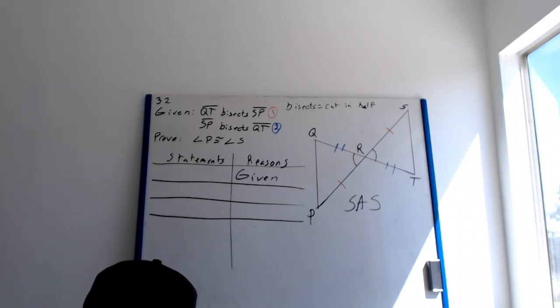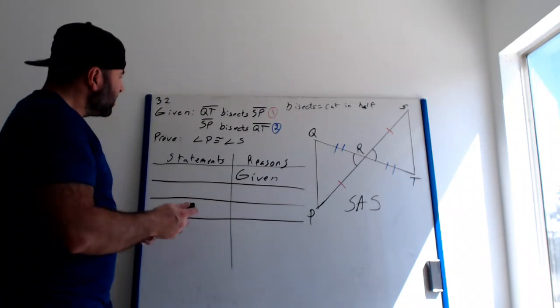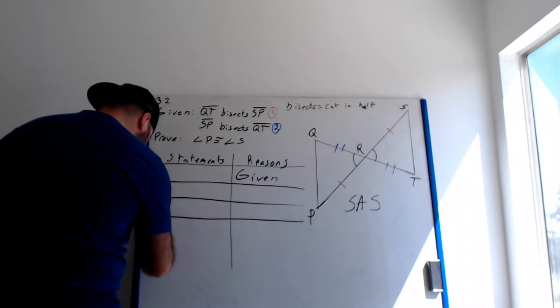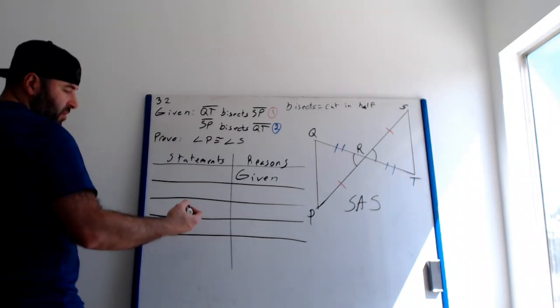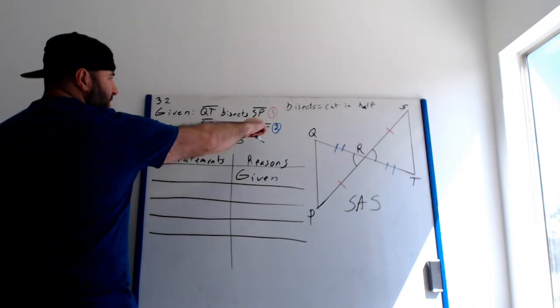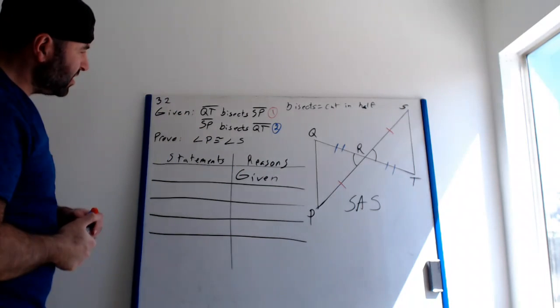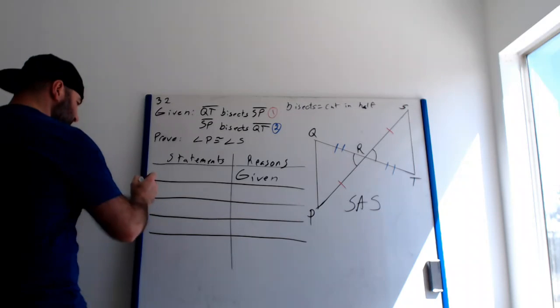Definition of. Okay, so we're actually going to do two steps in one. So we're going to write down number one and number two. We're going to write down that QR is congruent to TR.